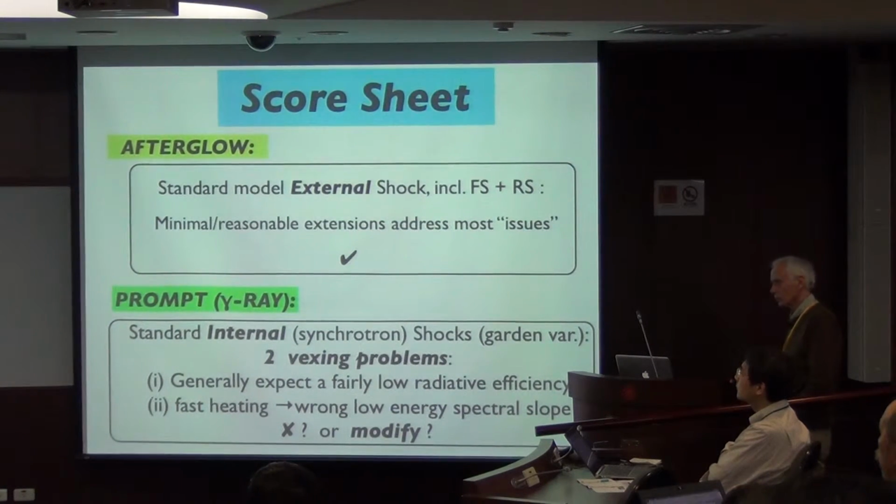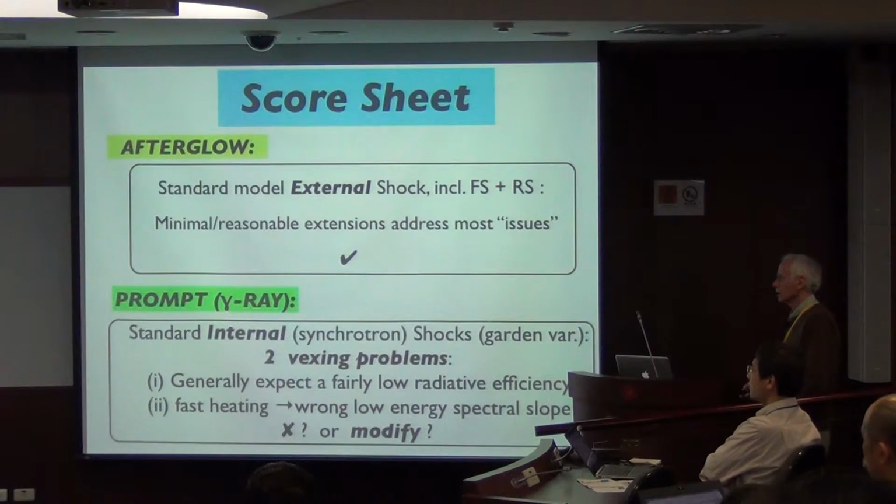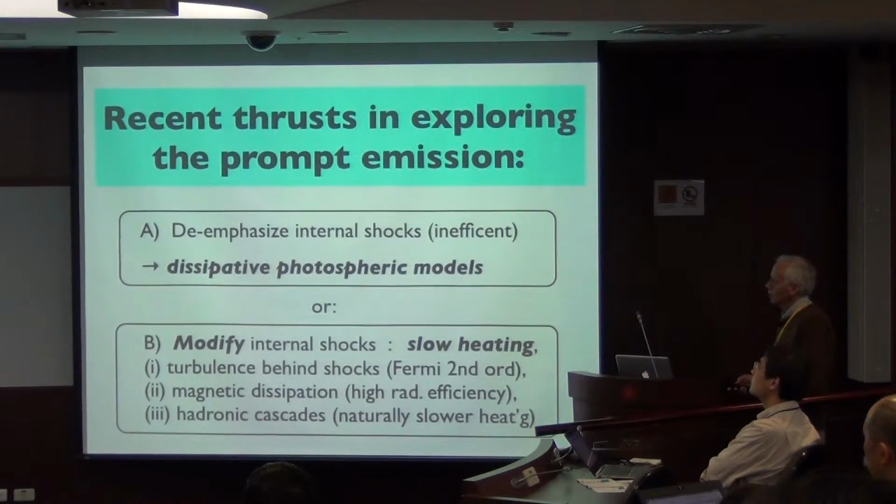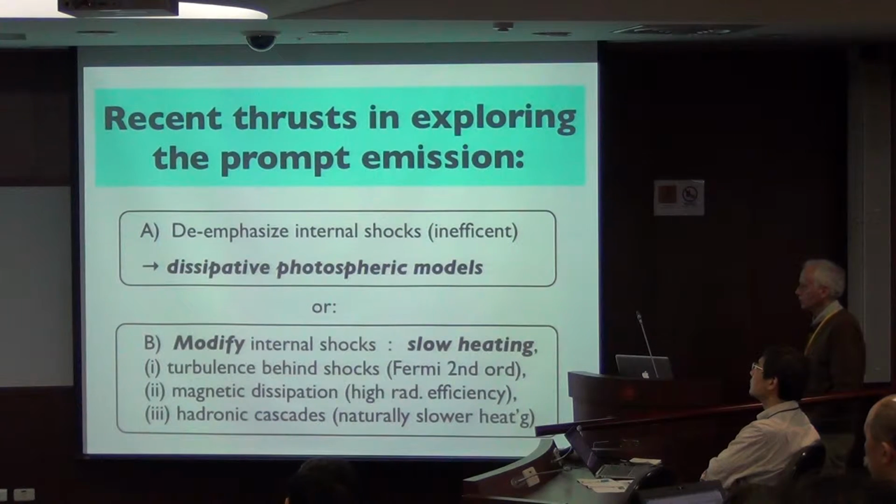One problem is if you have distributed heating, then you can sort of address that. All right, so let's de-emphasize the internal shocks, and it's one way of solving the problem: de-emphasize the internal shocks and replace them with the dissipative photospheres.